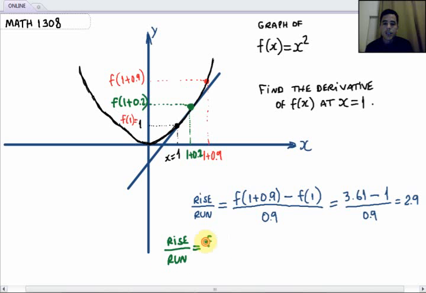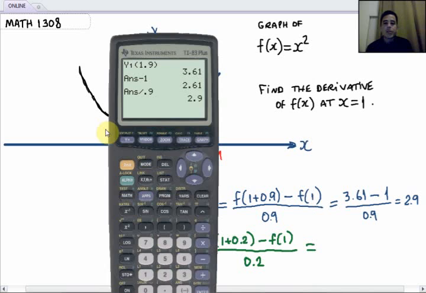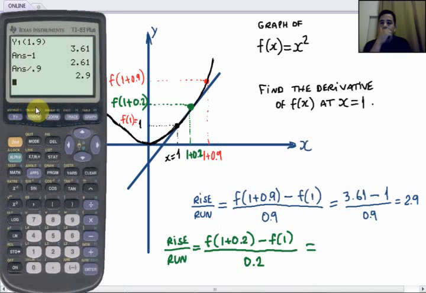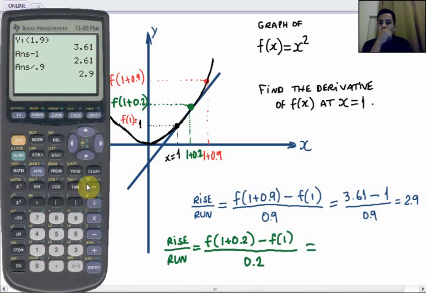Rise over run. Well, that's f of 1.2 minus f of 1, right? So here's the rise, this one minus this number, divided by the run. The run now is from 1 to 1 plus 0.2, so this distance is simply 0.2. Let's put the calculator to work for us.